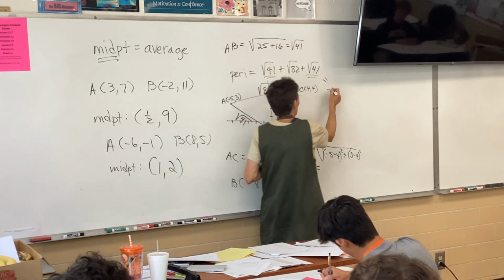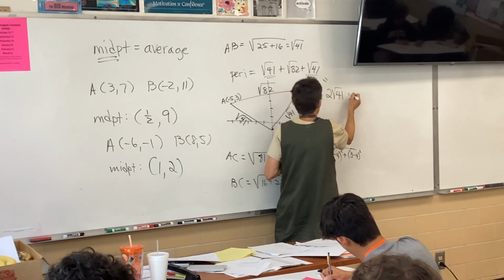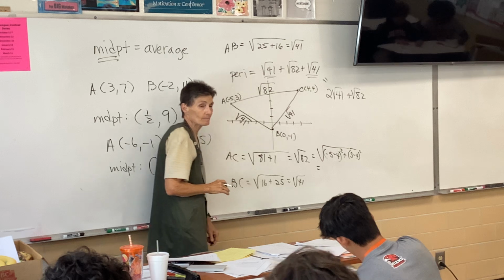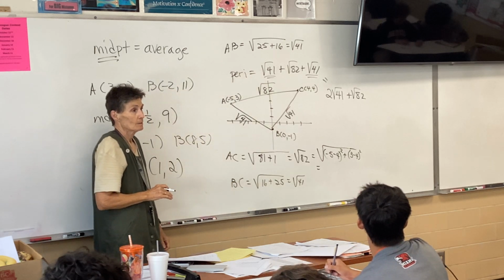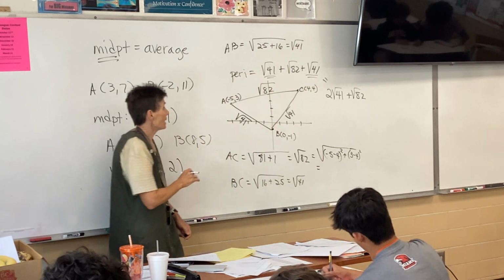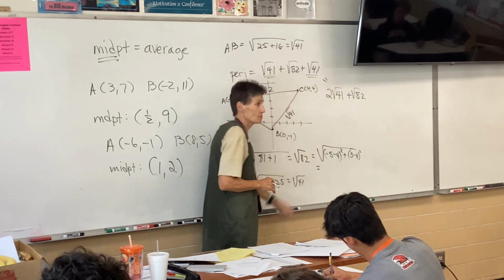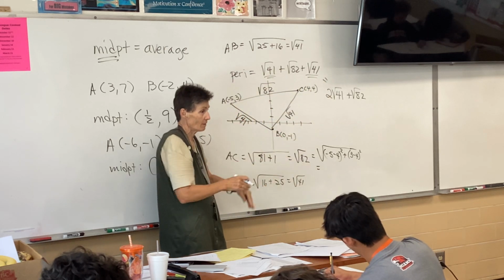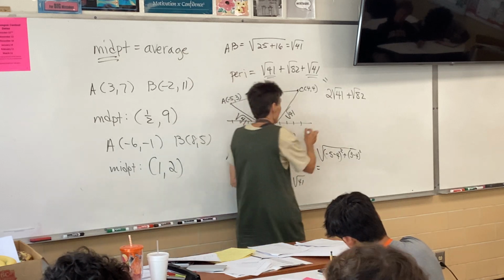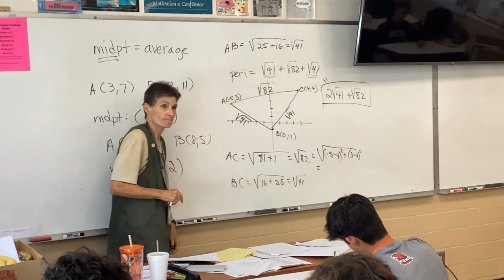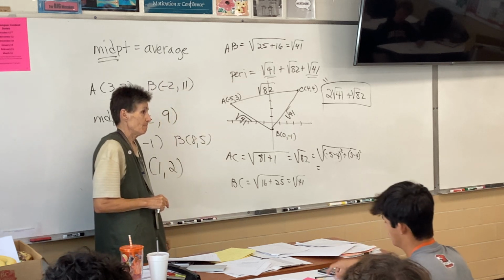So 2 root 41 and then root 82. There is nothing else you can do there. You can't add radicals unless they match. So one of them and another one makes 2 of them, but there's no way to combine these. So this is my perimeter. Are we good?